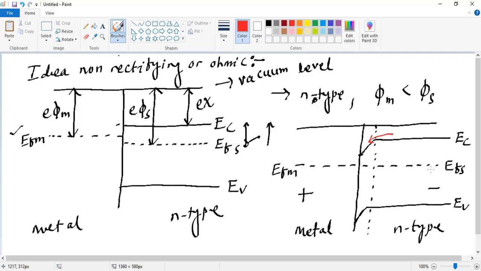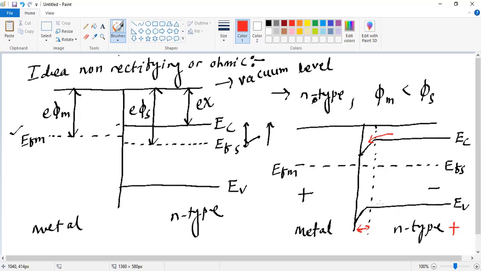If a positive voltage is applied to the semiconductor side, the effective barrier height that we got here for electrons flowing from the metal into the semiconductor will be very, very small.